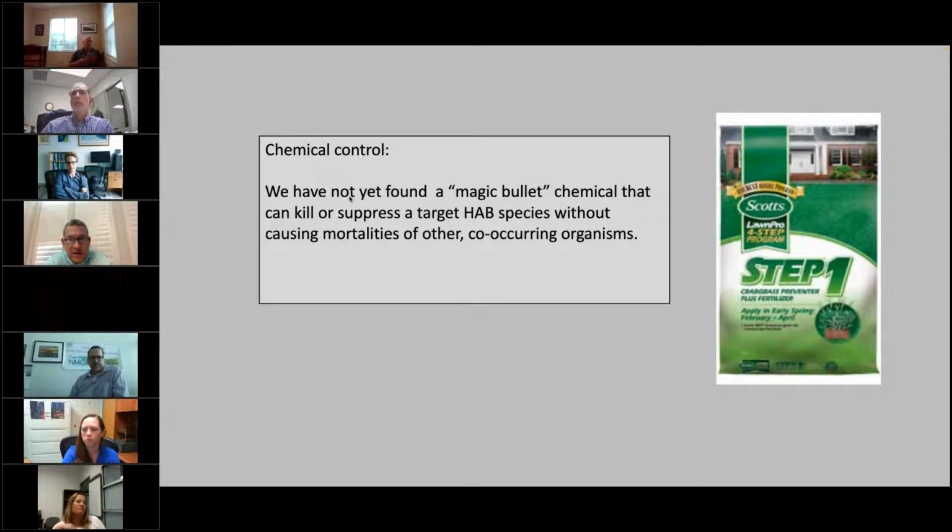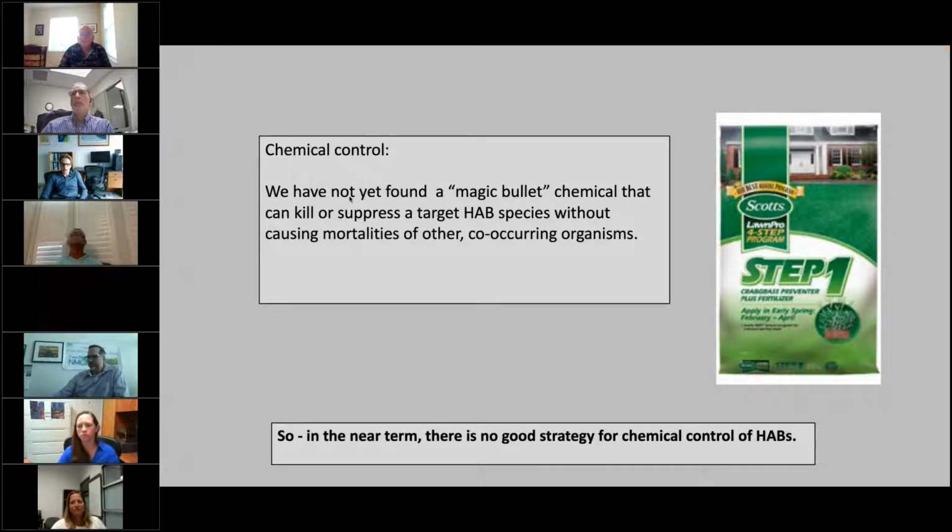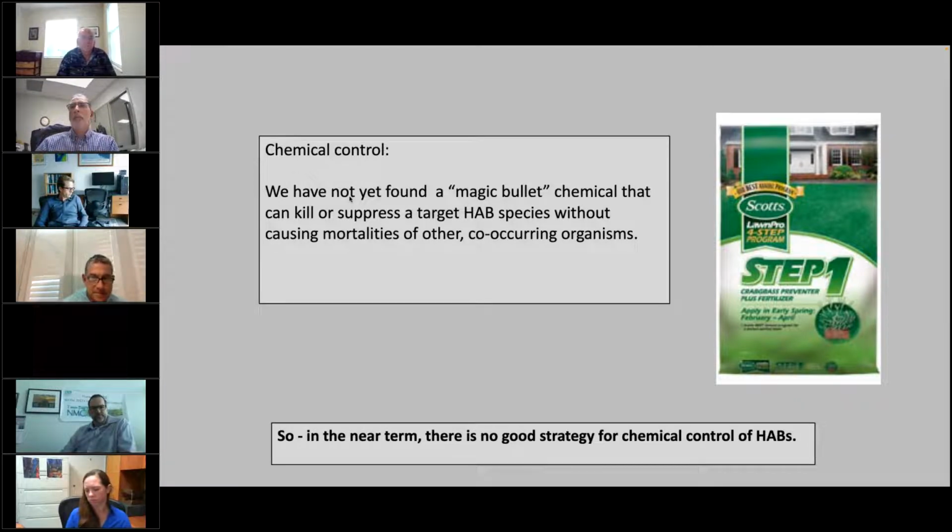Even though they're all plants, there are chemicals that can target specific pathways that are unique to the pests that you're trying to get rid of. We do not have that yet in the HAB field. So basically, in the near term at least, there is no widely accepted or strong strategy for chemical control of HABs.